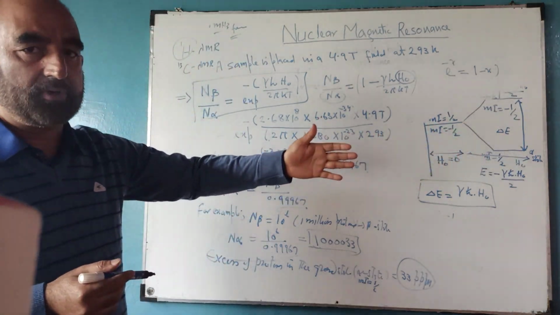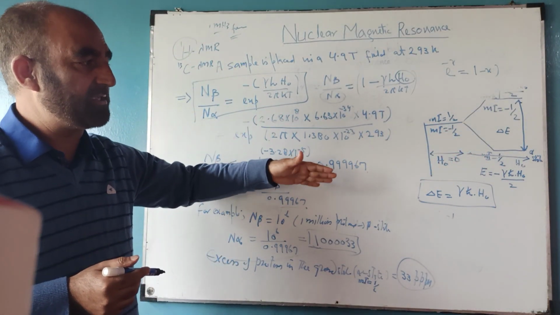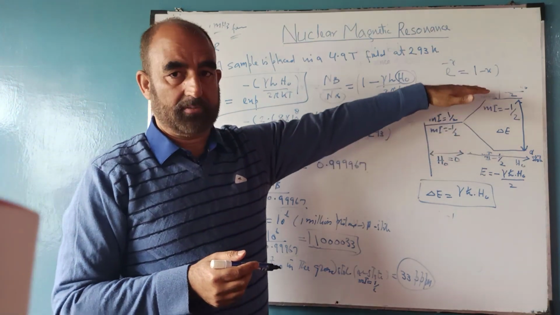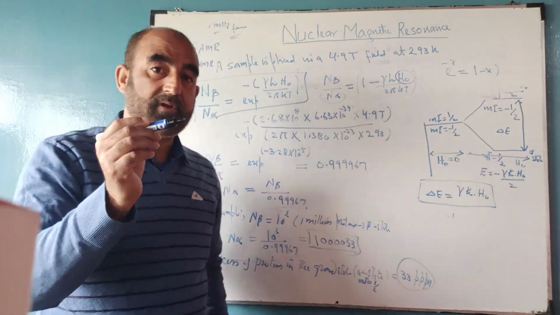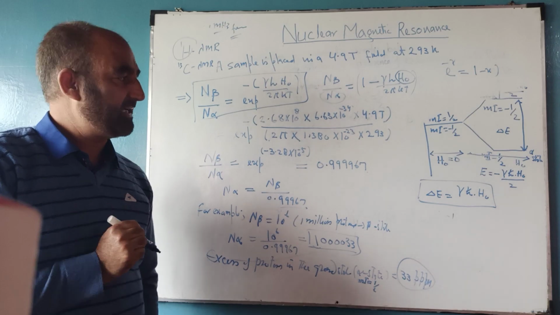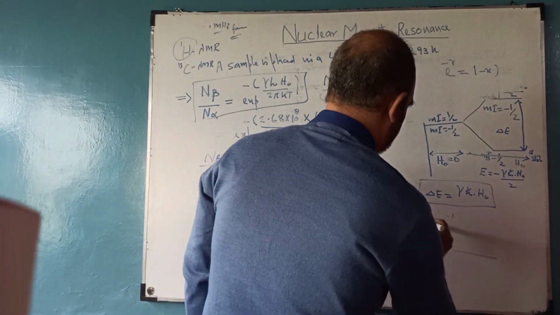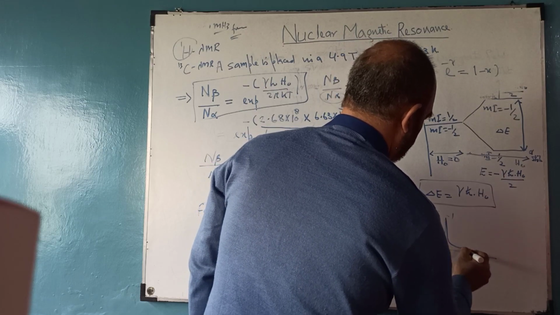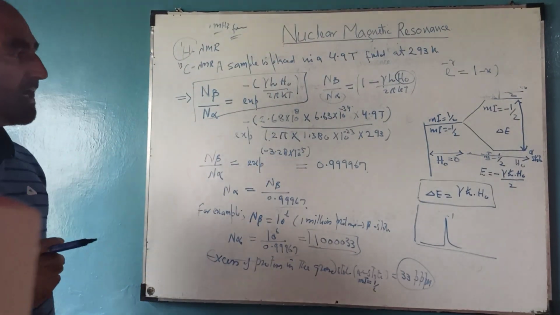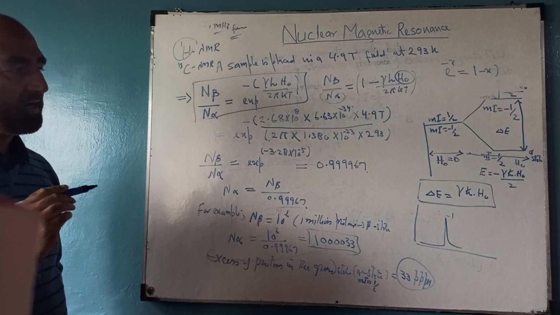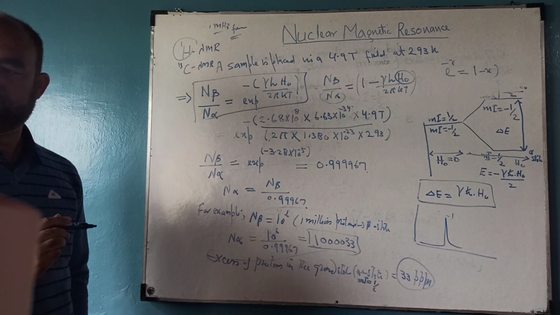The more the excess of protons, the more the excess of population in the alpha state compared to the beta state, and the more intense the signal. When the intensity of the signal increases, we are making the experiment more efficient. So this is how we overcome this small excess on which our experiment depends.